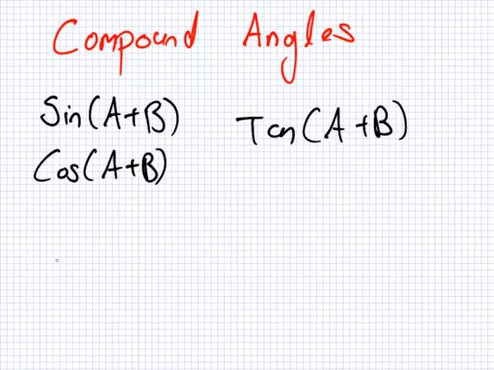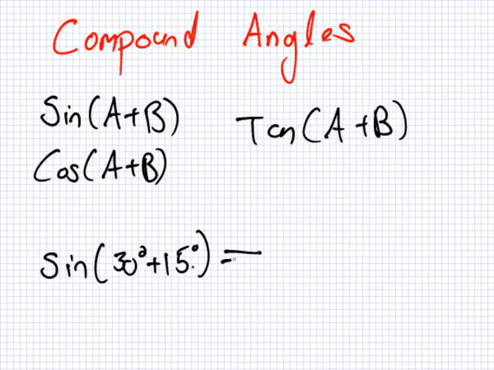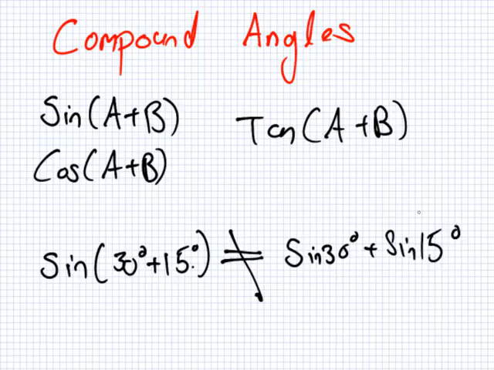For example, you might want to know what is sine of 30 degrees plus 15 degrees. I'll tell you right now, it is sine 45, but it's not the same as sine 30 plus sine 15. I'm not even going to leave that on the screen, so I don't want you getting bad ideas. It's definitely not this.